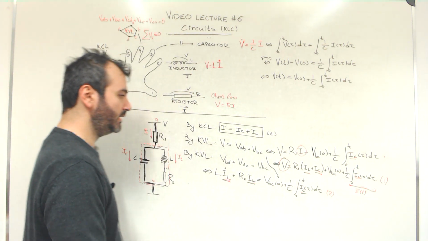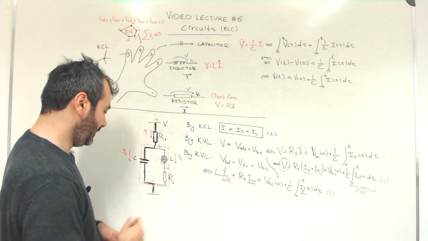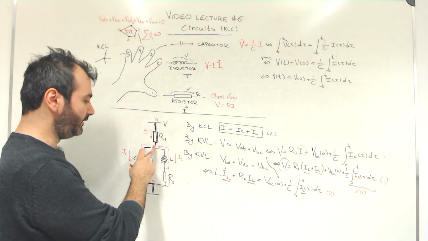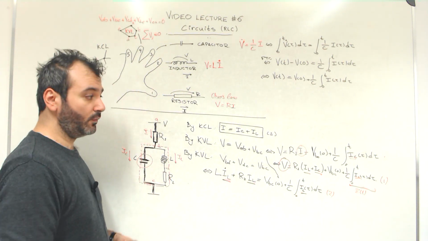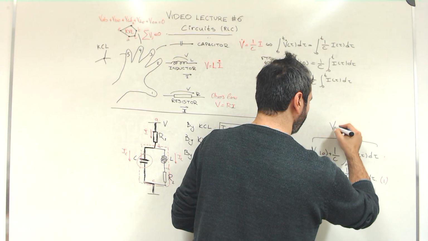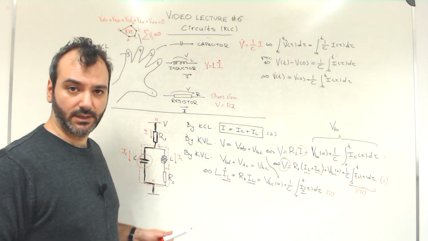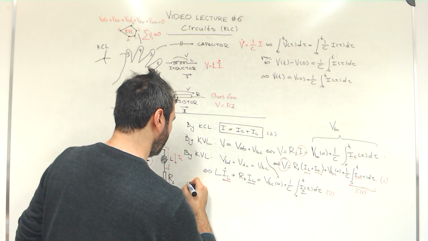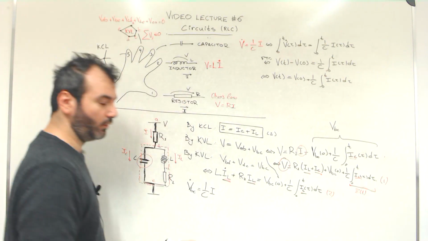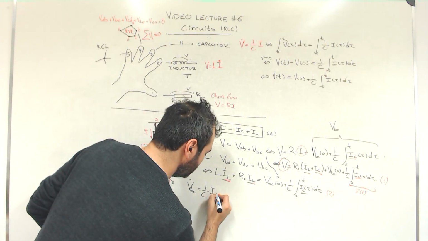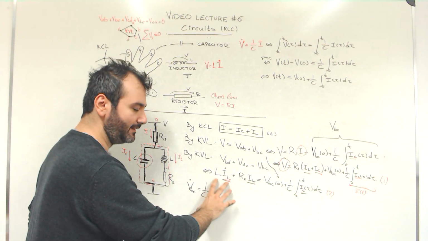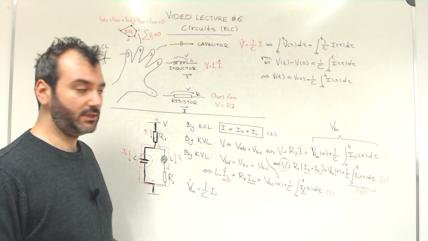An alternative approach is to never have written the integral expression here for VBC, and instead we could have kept this term equal to VBC, which is just a variable. And then we have the differential equation, VBC dot is 1 over C times IC, this current. But you can do this as an exercise. You can follow exactly the same steps as we did in the previous exercise.